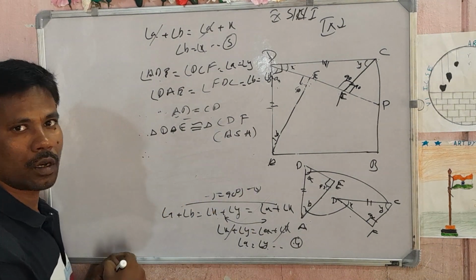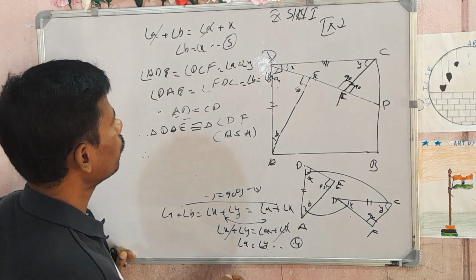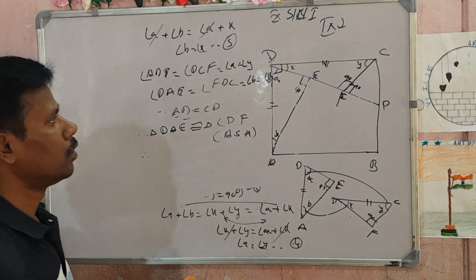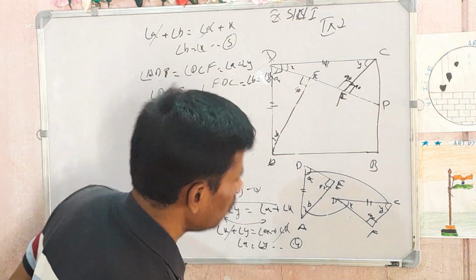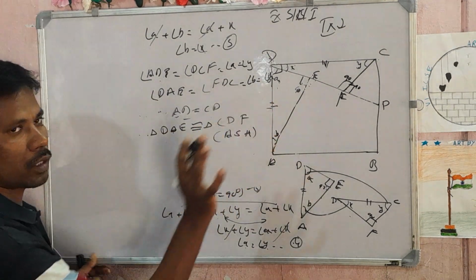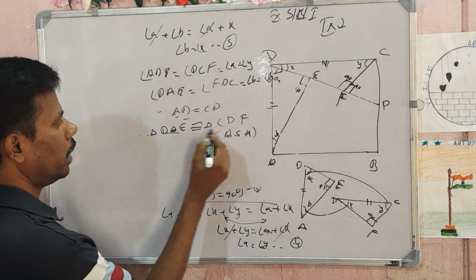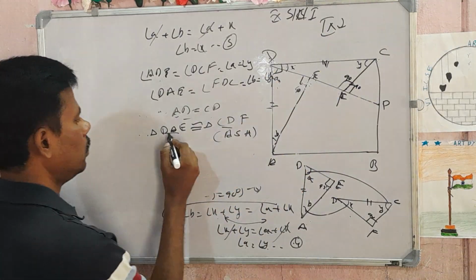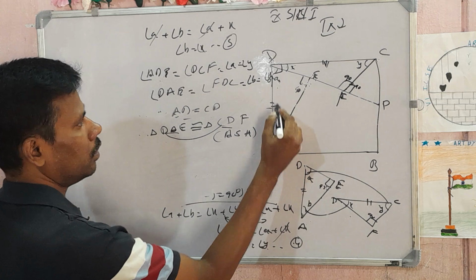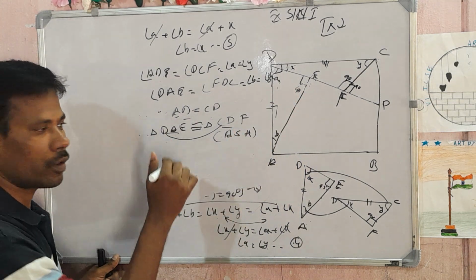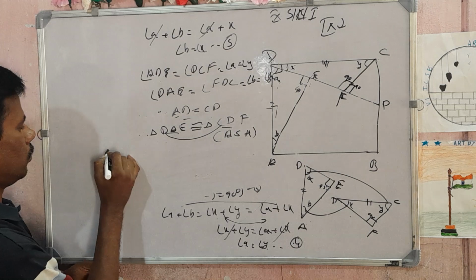Therefore, the triangles are congruent. Leave it like this. See, the letters are coinciding. AD, CD, yes. Angle D and angle C. Use the three letters format.